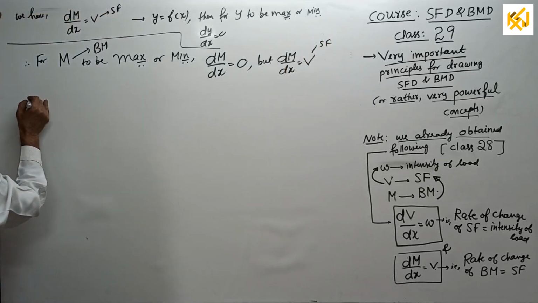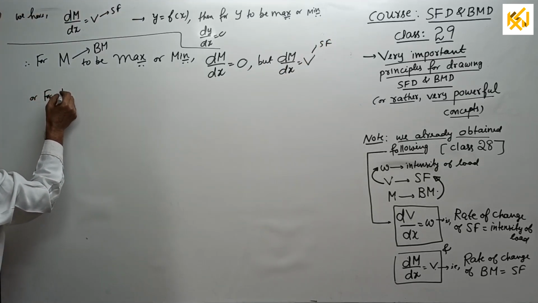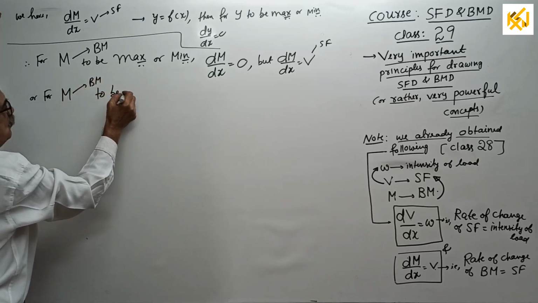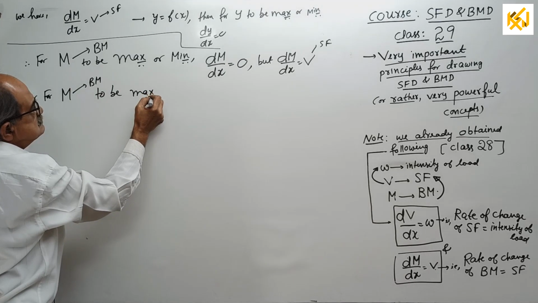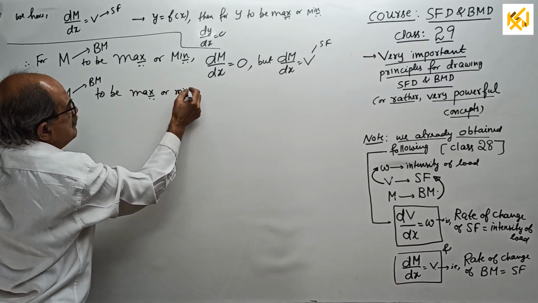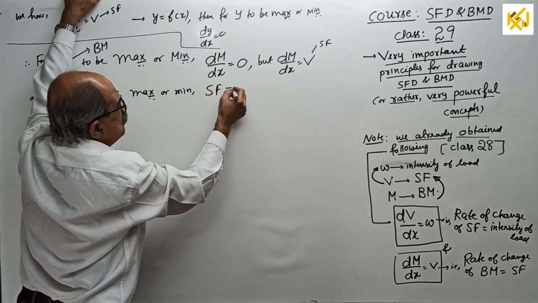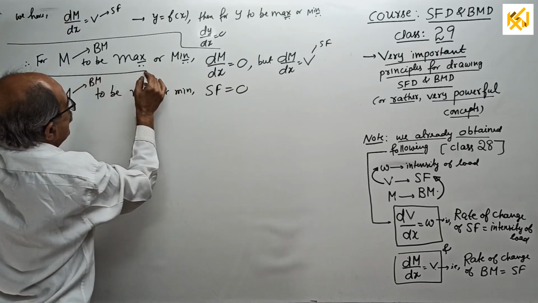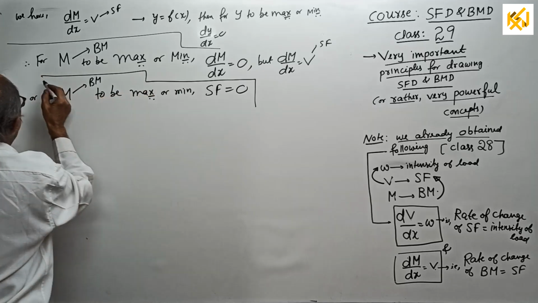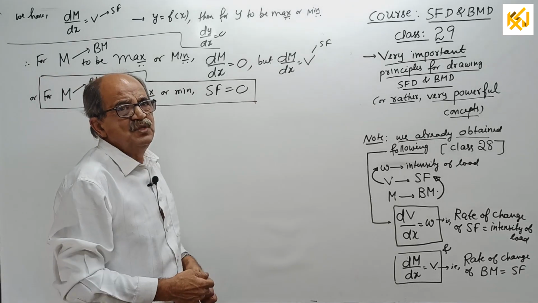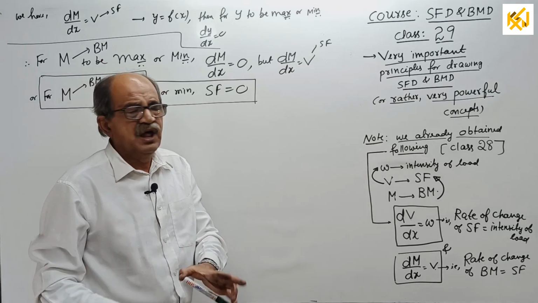So the final conclusion, for m, bending moment, to be maximum or minimum, shear force should be equal to 0. Many people know this. They will tell, where is the maximum BM? Sir, where shear force is 0. No, it is not so simple. It has a lot of concept.